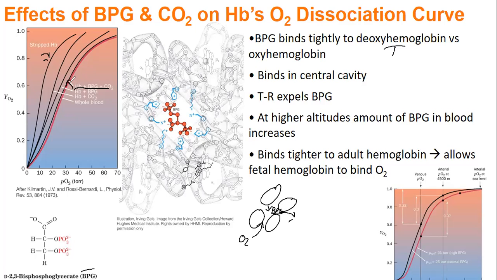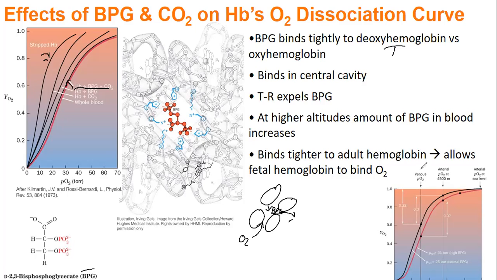Now, this actually relates to why we get tired when we go to different heights. I'm struggling for the word, but let's say when you go to Denver and that's a mile above sea level and you can't breathe too well, that's all due to BPG, right?